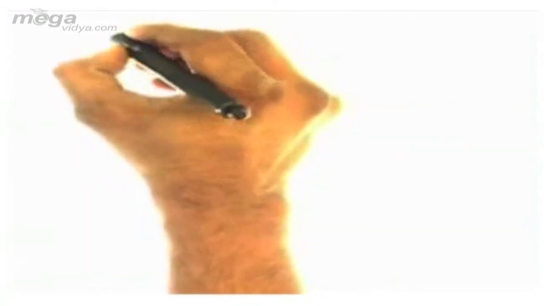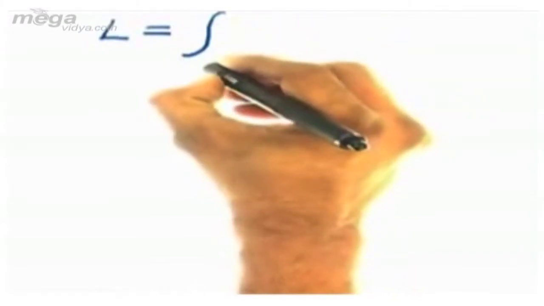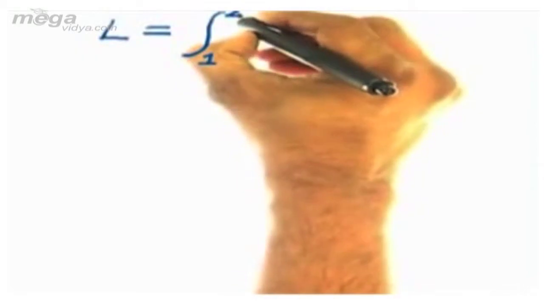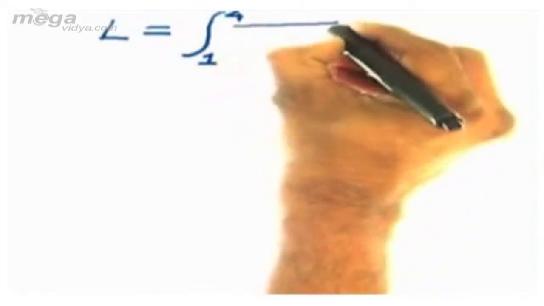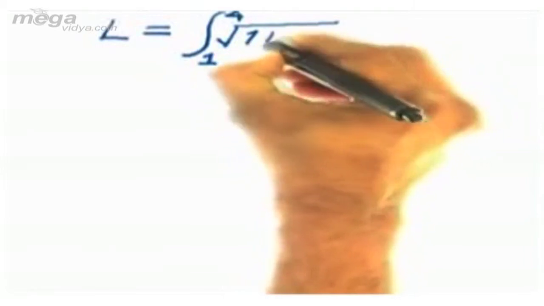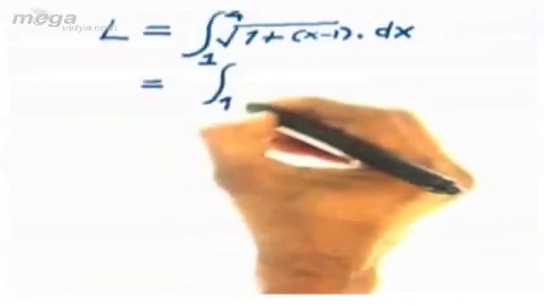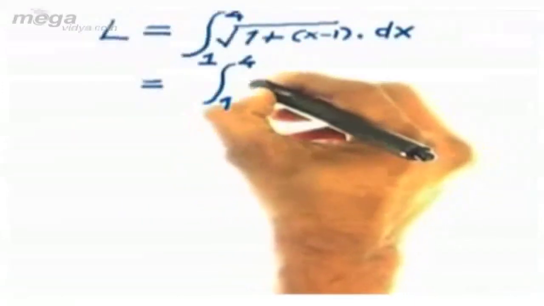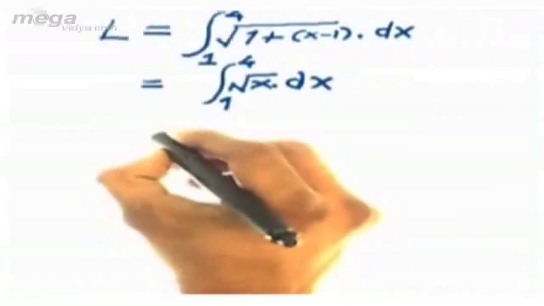So here we can write the complete length of the path starting from A to B as an integration. x1 is given as 1 and x2 is given as 4. So the root of 1 plus the square of root of (x minus 1), which is (x minus 1), integrated with respect to x, now becomes the integral from 1 to 4 of root x dx.